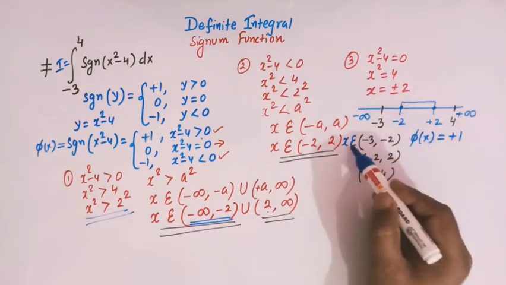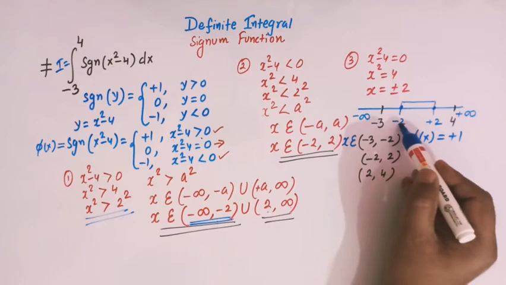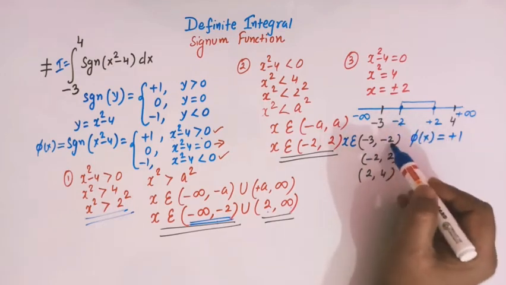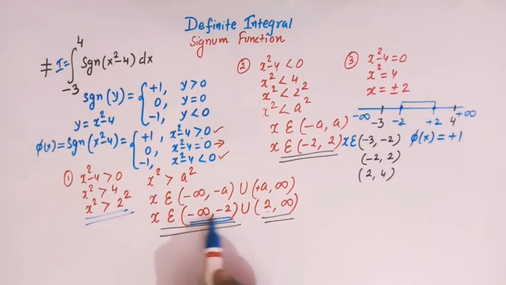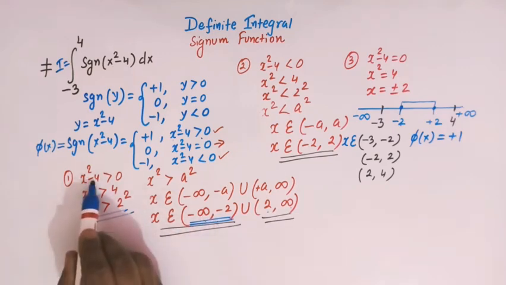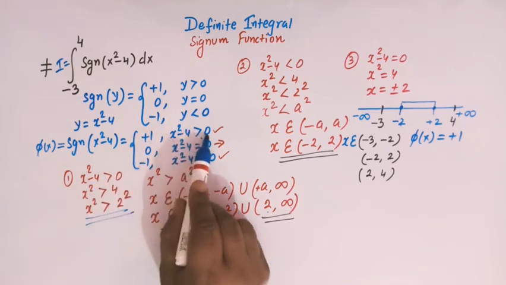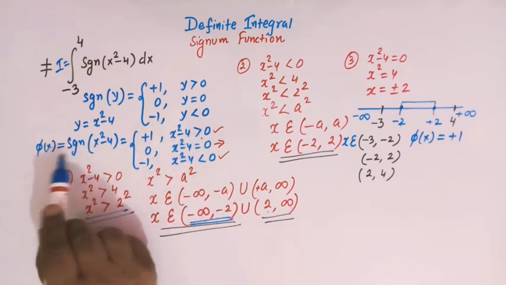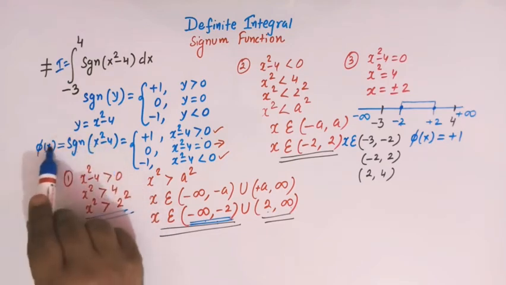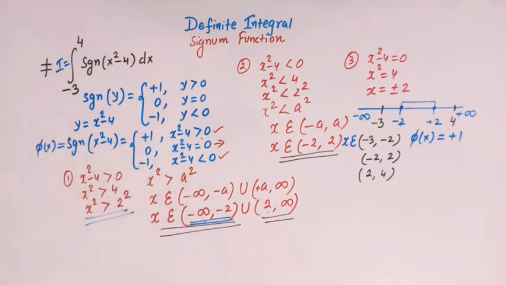So when x belongs to -3 to -2, this interval lies in this interval, and whenever we have x² - 4 > 0, signum of x² - 4, which is phi of x, will take the value +1.